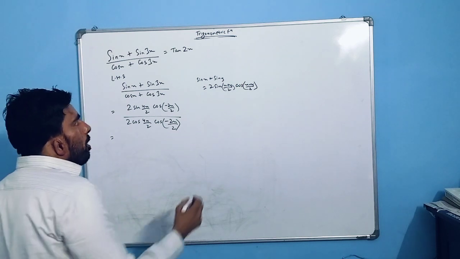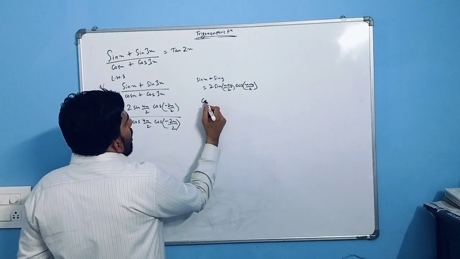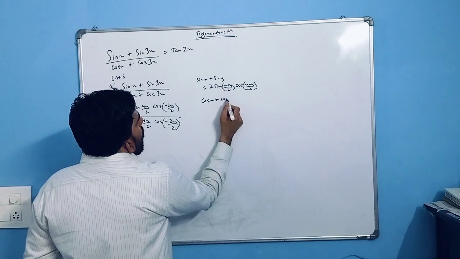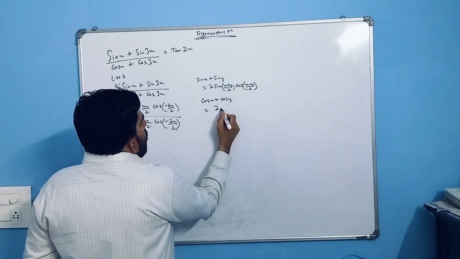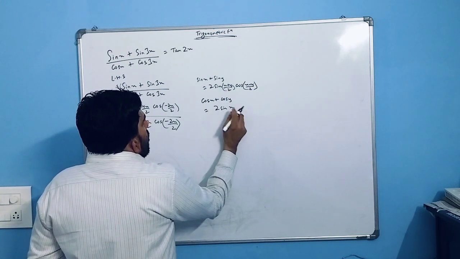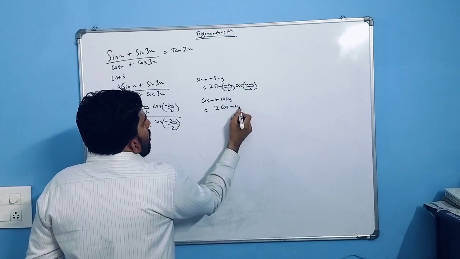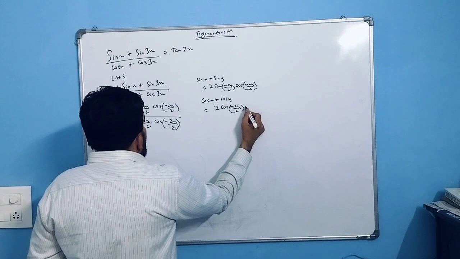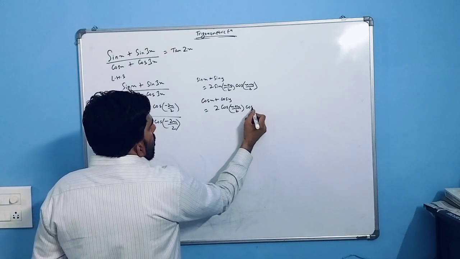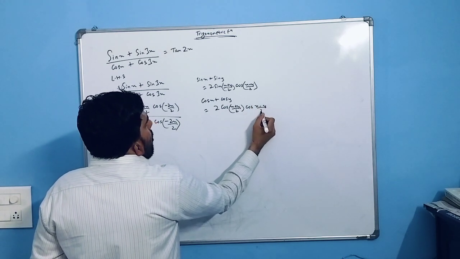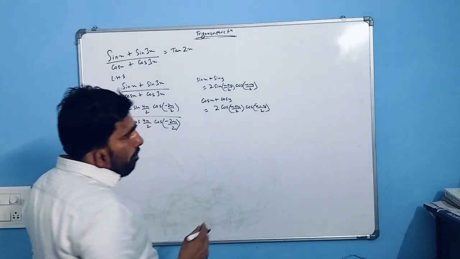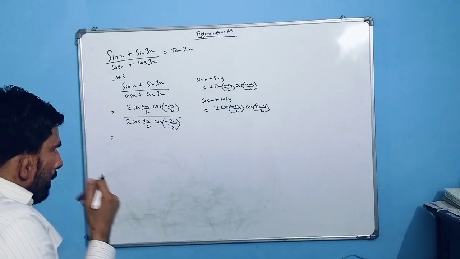And another identity which we have used here is cos x plus cos y, that is 2 cos (x plus y)/2 cos (x minus y)/2. So we have used two identities here.